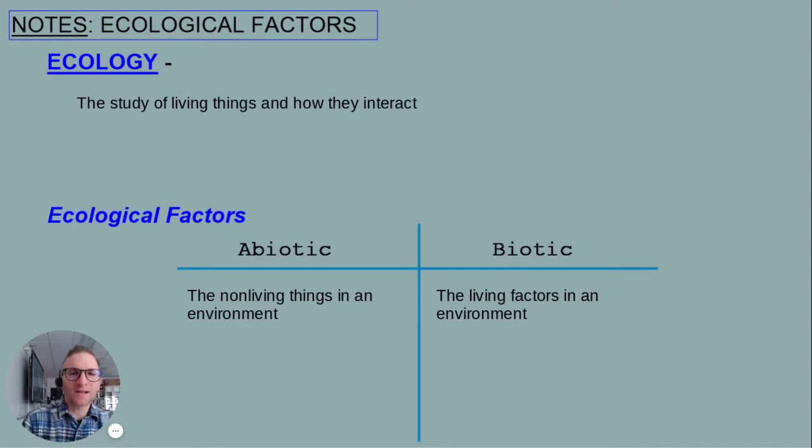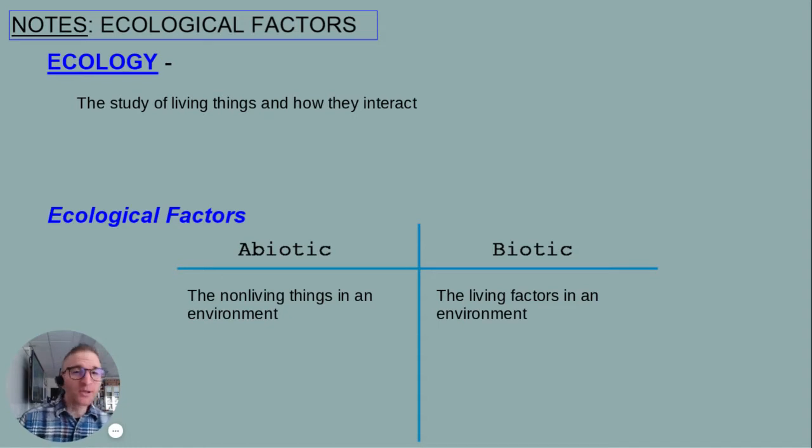The abiotic factors often students struggle with. So think about the non-living things in that area. What are those non-living things? Maybe you were able to understand or identify really quickly that non-living things include the water and the air, but a lot of times that's as far as students get when I ask this question.